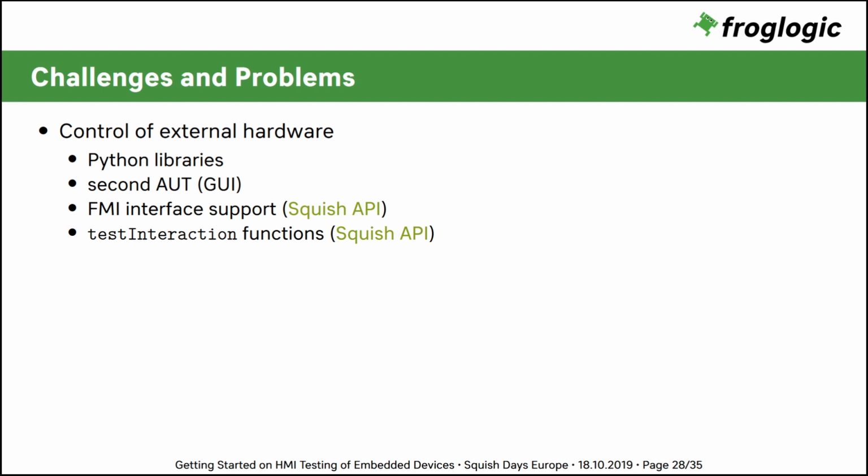If there is no way that you can control the environment of your embedded device, for example, if it's some kind of microwave oven, and somewhere inside of your test scripts you have to close the door of that microwave before you continue with the tests, you can use the Test Interaction API, in which you just pop up one dialog in your tests saying, please close the door now, and then when a human being closes the door and presses the OK button, you continue with the tests.